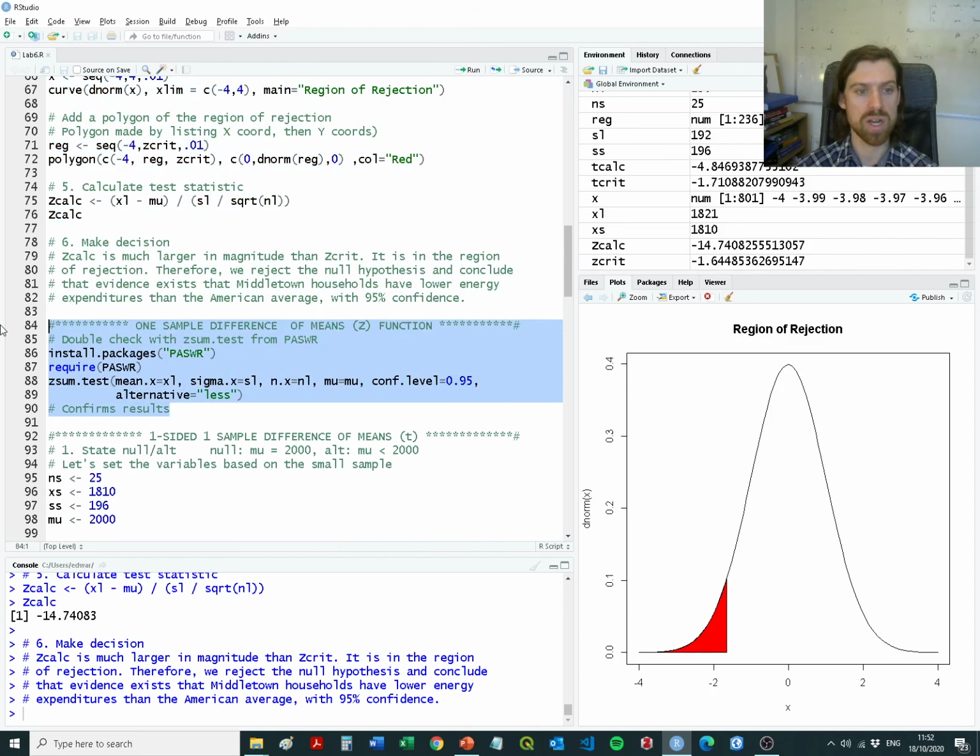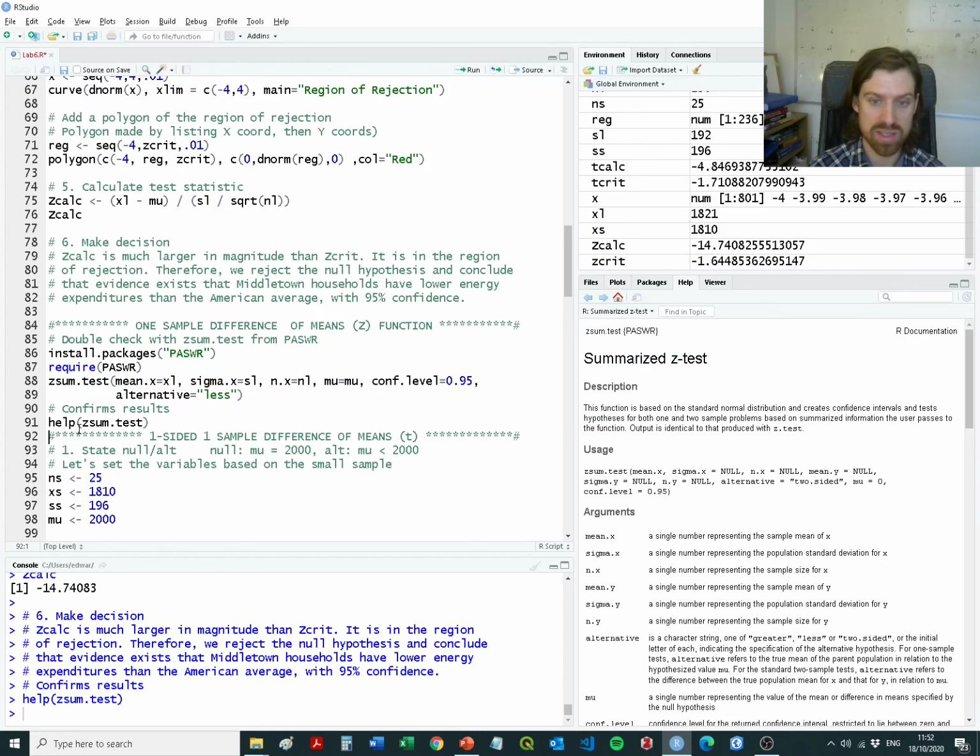Let's just compare it now to the automated way that we can generate this test statistic, which is using the summarized Z test.